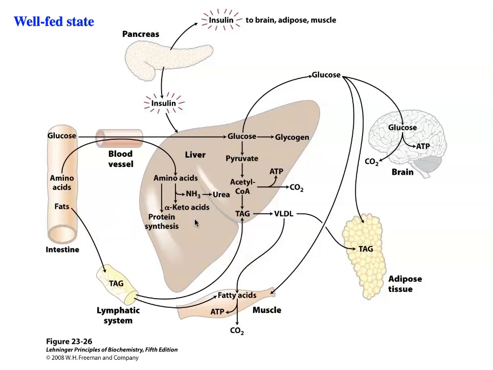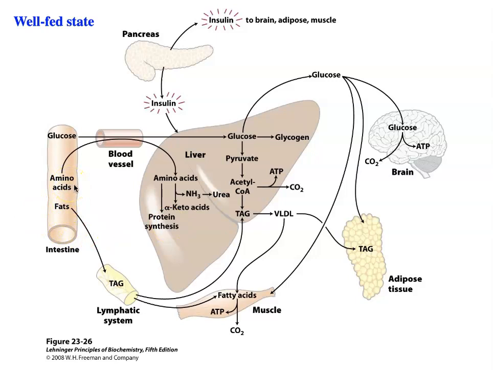For those of you that are familiar with human anatomy, you will see that all of the mesenteric veins from the intestines conglomerate into one vein that goes into the liver. And why is that? Because the liver will process all the nutrients that have been absorbed in the intestines.